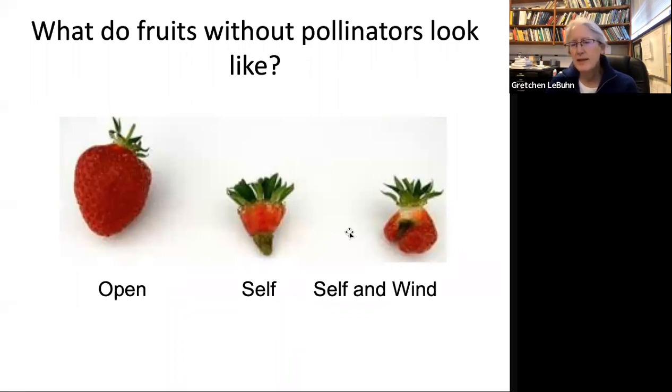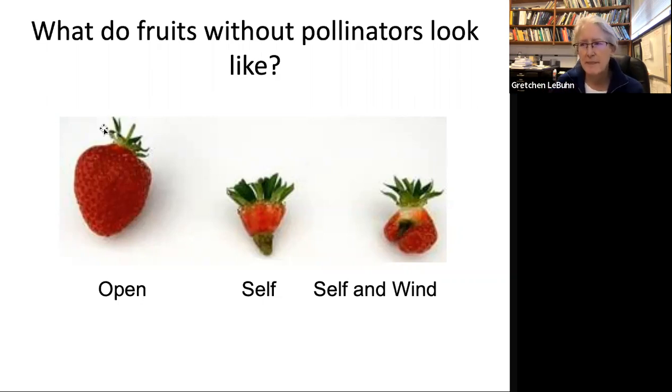The one on the far right, we prevented from having self-pollination and wind pollination. The middle one was allowed to have wind pollination, so pollen grains could have blown on the wind. And the left one here was open pollinated, where bees, wind, whatever was allowed to pollinate.